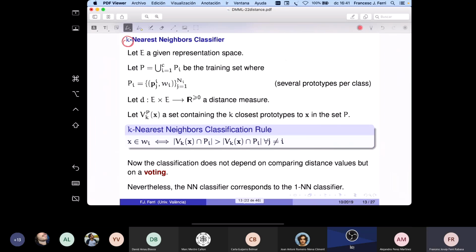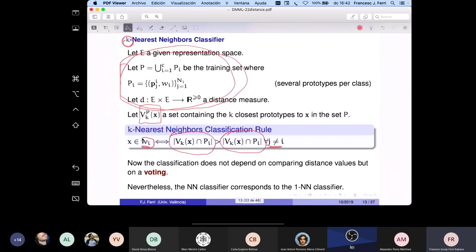Formally, this part is the same as for the nearest neighbor, but now we define what we call the K neighborhood in P, the set that contains the K closest prototypes in P. Then this amount here is the number of prototypes in the neighborhood that belong to class I, and this is the number of neighbors that belong to any of the other classes.